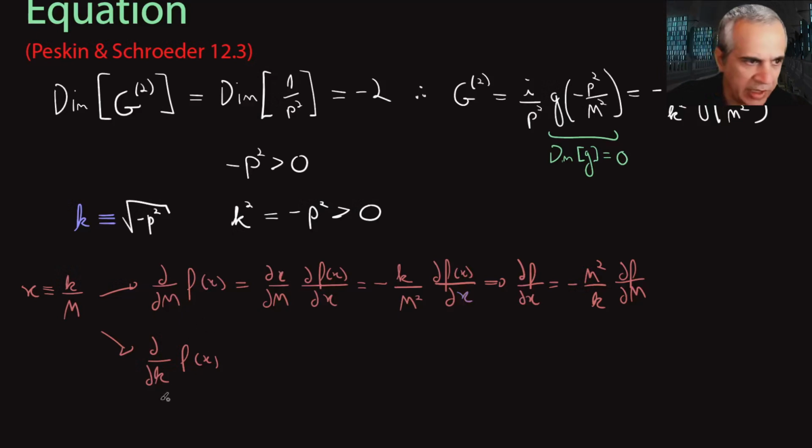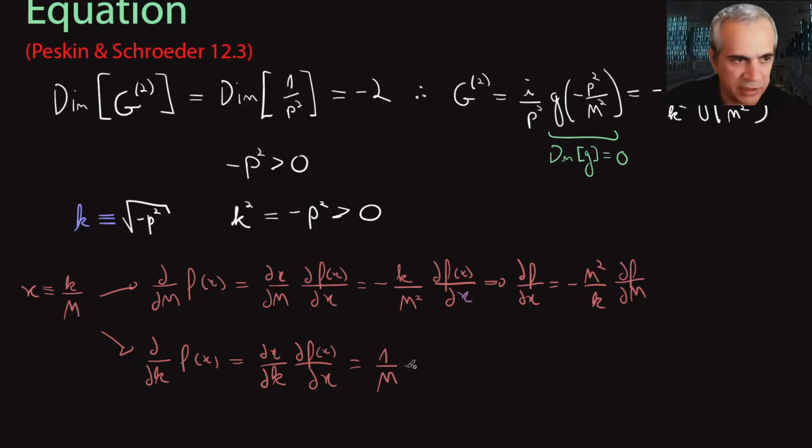By the same token, I can do the same thing here. This will be dx del k times del f of x del x, which now is just 1 over m. I just have to differentiate here.